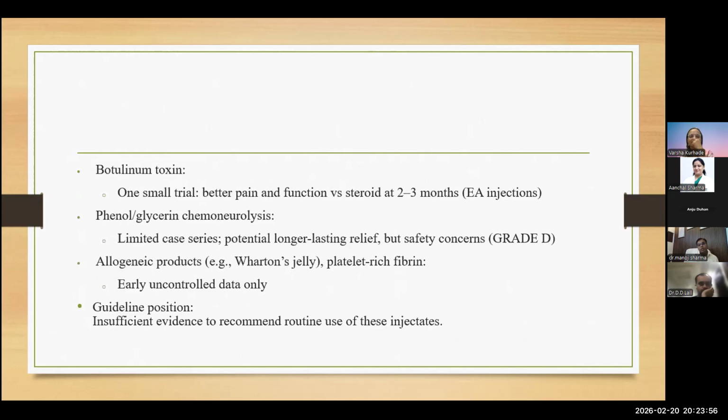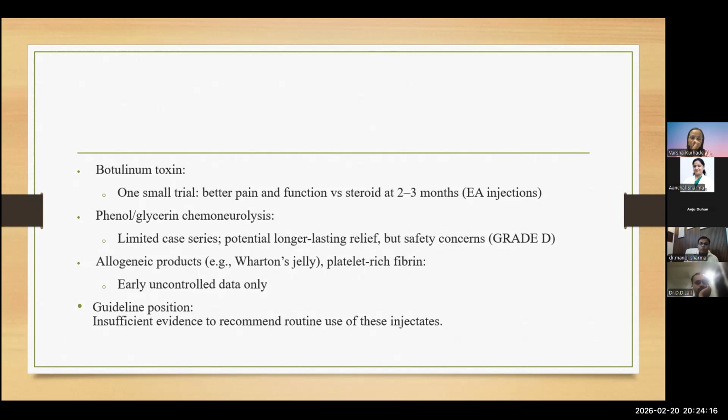One small trial used botulinum toxin and showed better pain and function with botulinum toxin compared to steroid injection for extra-articular injection at 2 to 3 months post injection.